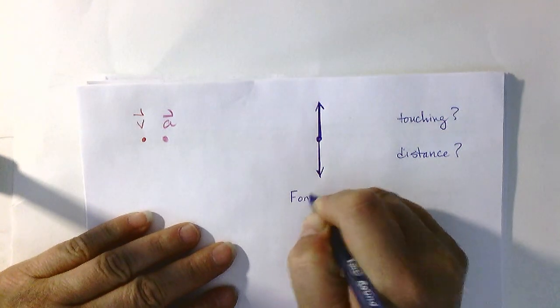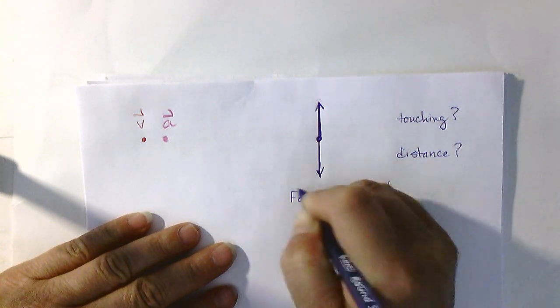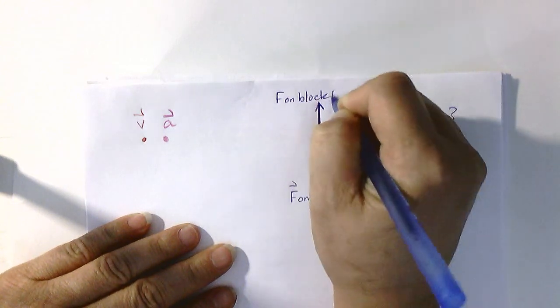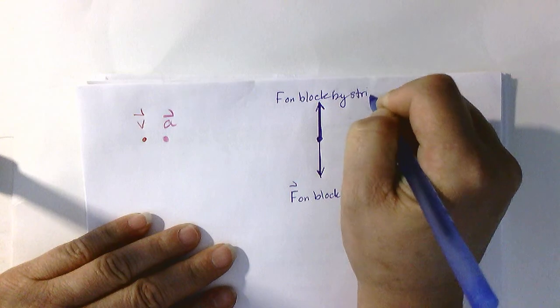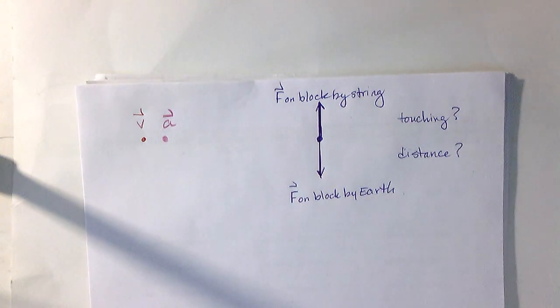So this is force on block by earth, and this is force on block by string. Okay, so now I have my free body diagram and my motion diagram.